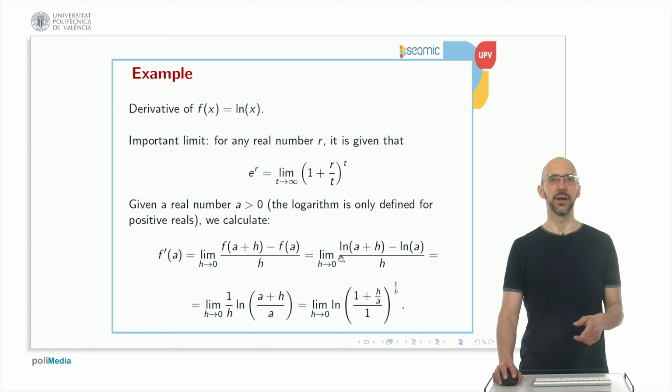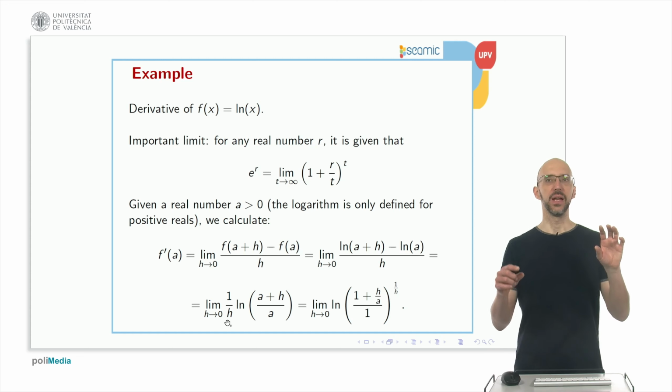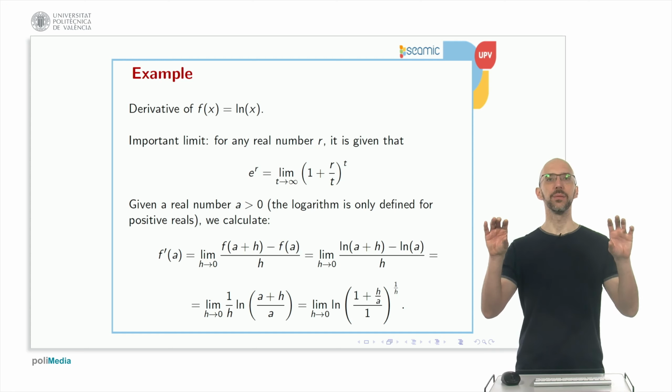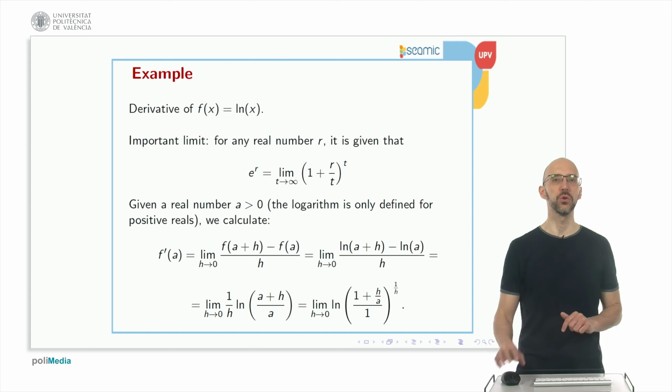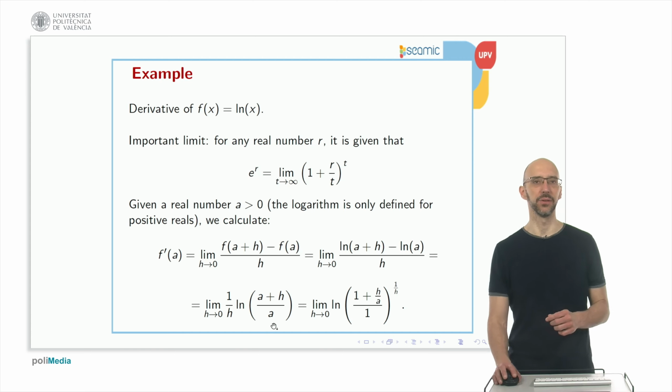What are we doing here? In the next step, we just write 1 over h apart, as you can see, and you need to remember that the subtraction of logarithms is the logarithm of the quotient. So when I have the logarithm of something minus the logarithm of another thing, then this is the logarithm of the first one in the numerator and the other one in the denominator.